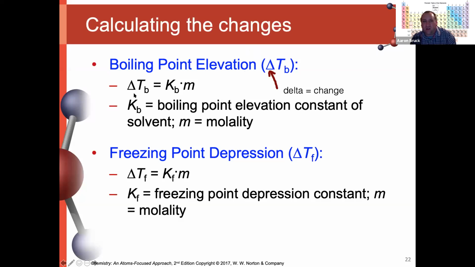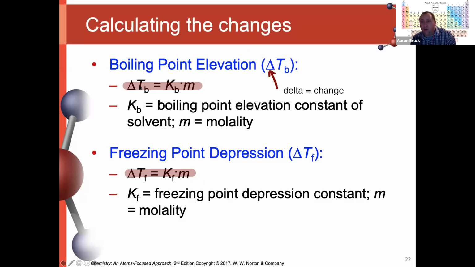And what we should notice is that the calculations for both are very similar. In fact, they look pretty much the same. The freezing point depression, the change in freezing point, is equal to Kf times m. m is the molality.